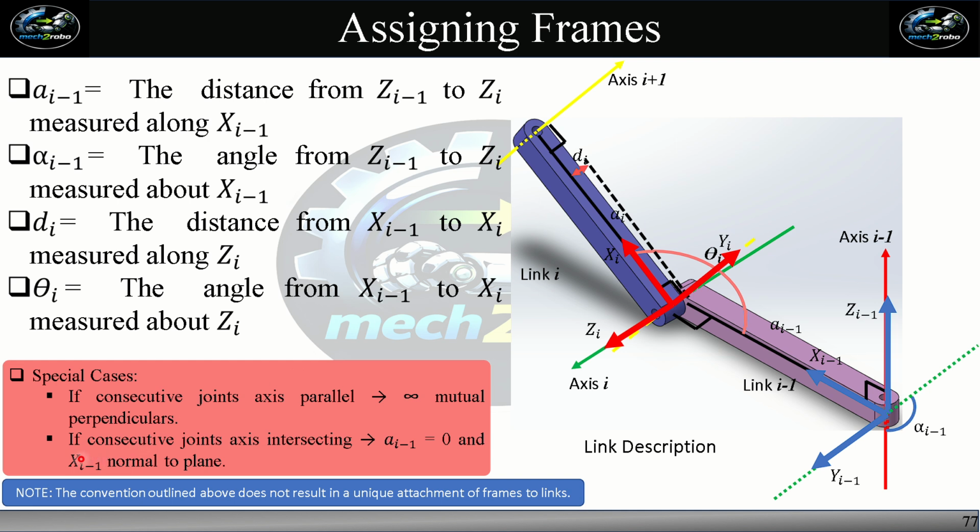And if the consecutive joint axes intersect, then the link length is equal to 0, and x i minus 1 is normal to the plane which contains these two axes. An important note is that this convention does not result in a unique attachment of frames to the link.